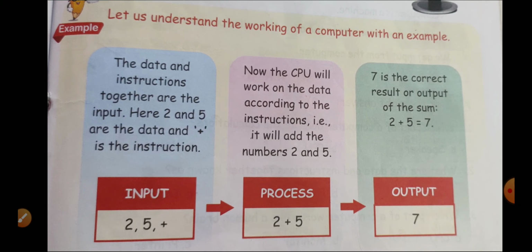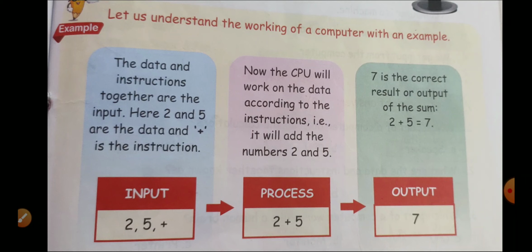Now they have given one more example. Here we are giving input 2, 5 and addition sign. Okay, then in the process computer will add 2 into 5, 2 plus 5, and output will be 7.